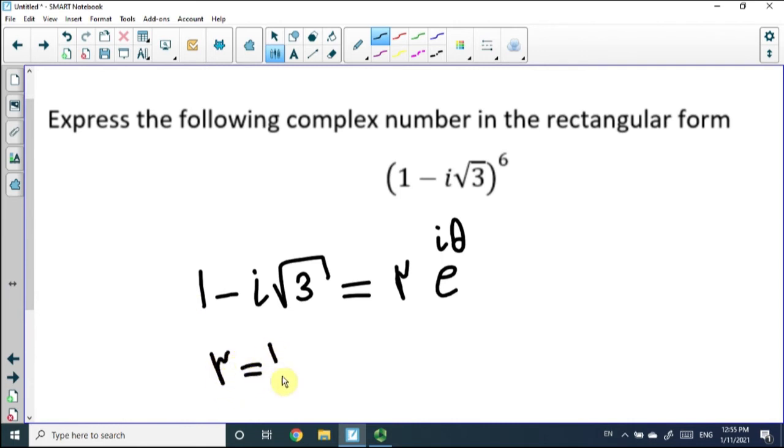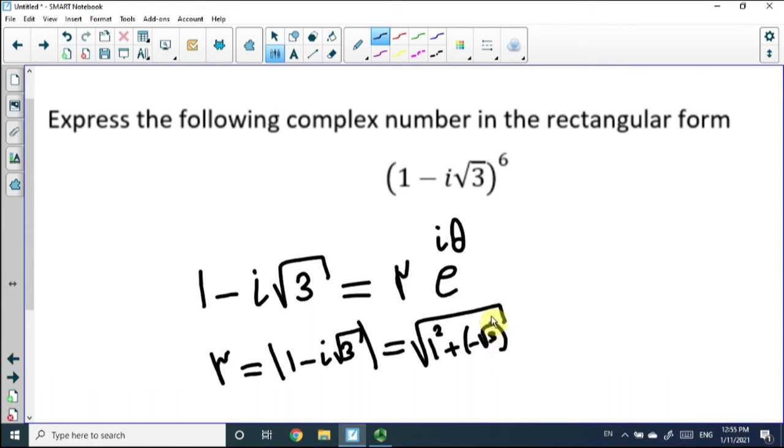R is the modulus of the complex number, and by modulus we mean the square root of the real part, which is 1, squared, plus the imaginary part, which is minus square root of 3, squared. That will give us 1 plus 3, which is 4, square root of 4.